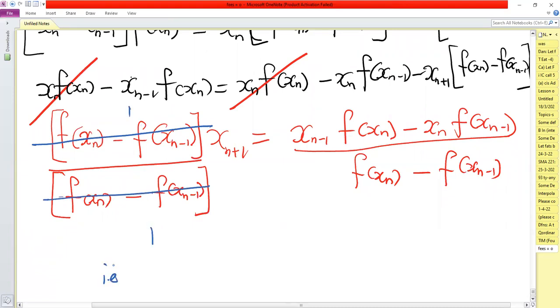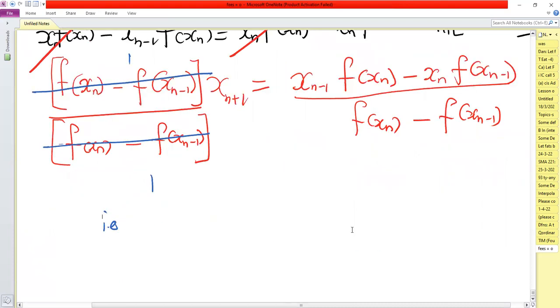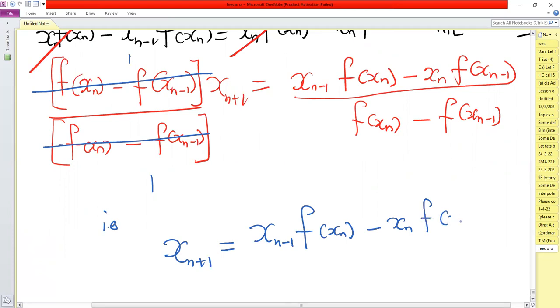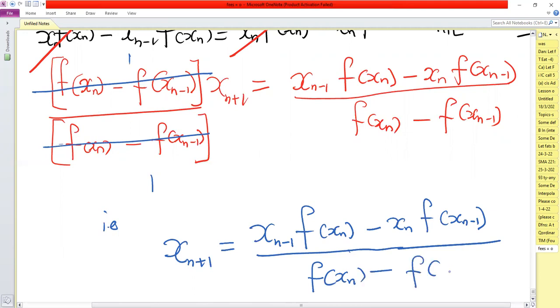Therefore, xn plus 1 will be given by xn minus 1 f of xn minus xn f of xn minus 1 divided by f of xn minus f of xn minus 1.